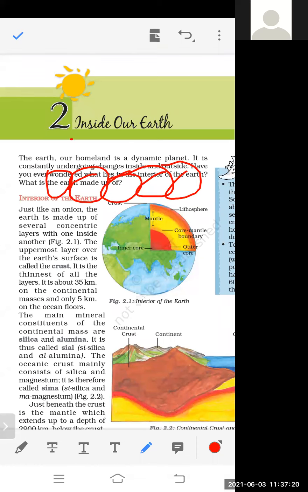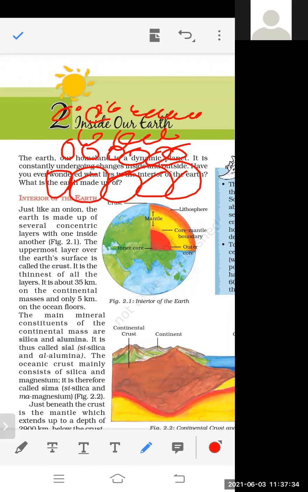Over it the low dense material settled, and very low dense material settled near the surface. So that's why it has a layered structure. Different layers of different materials are there, right?